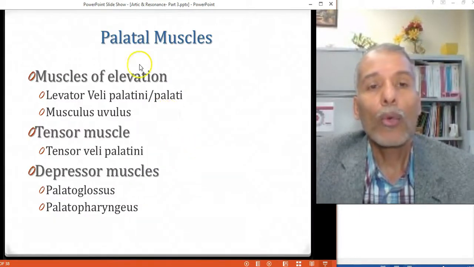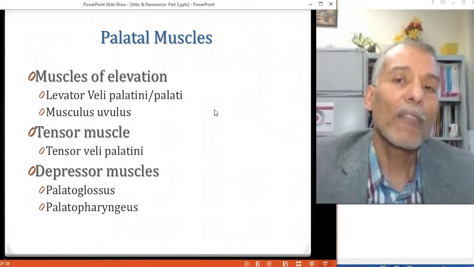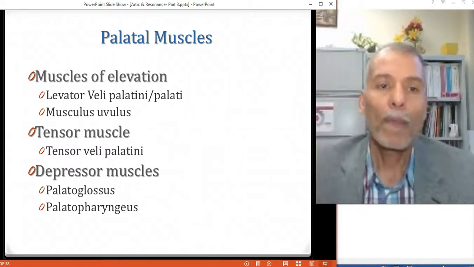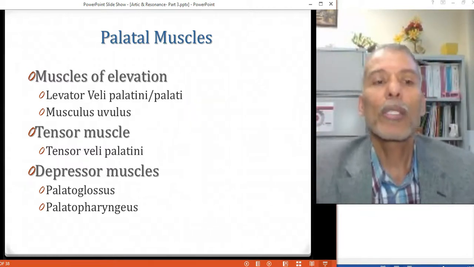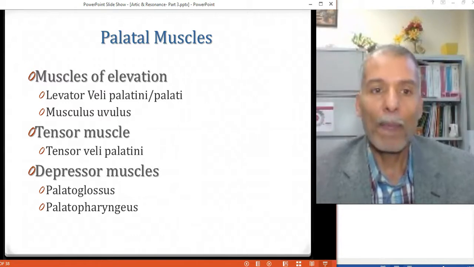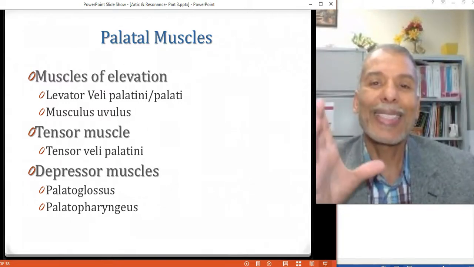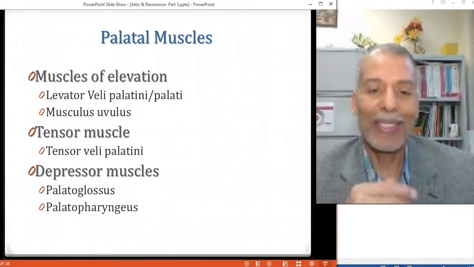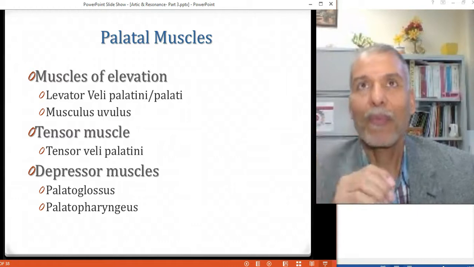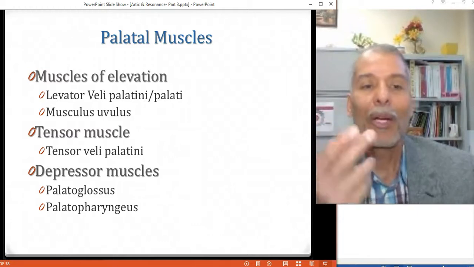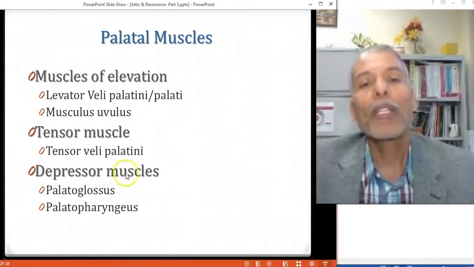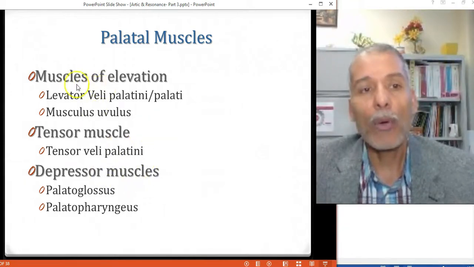So now we divide, or classify, the muscles of the velum into three sets. We have elevators, or muscles that elevate the velum, and then muscles that tense. The tensor muscle, basically, because it tenses the eustachian tube, but this muscle also contributes to the functions of the velum. And then we have the depressor muscles. So basically the primary ones are the muscles of elevation and muscles of depression.